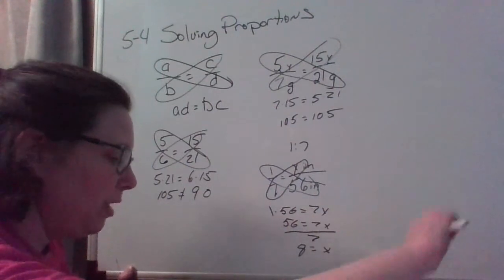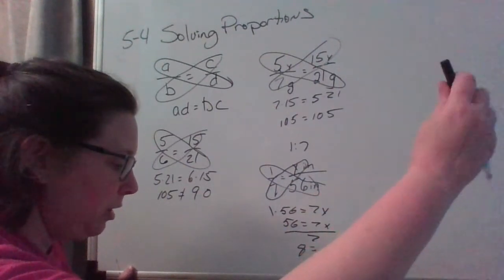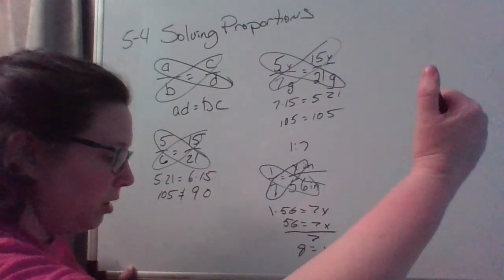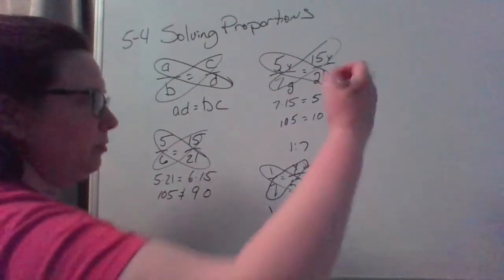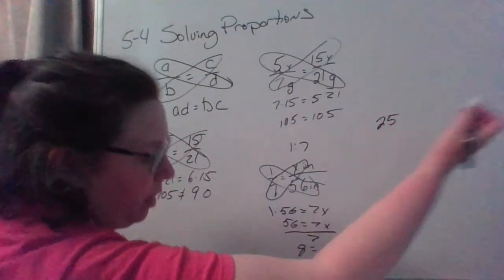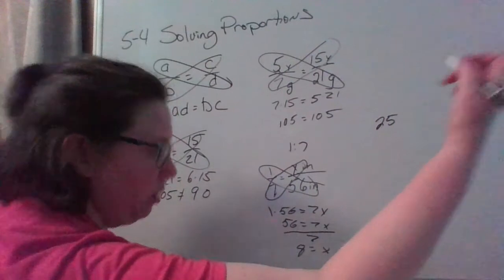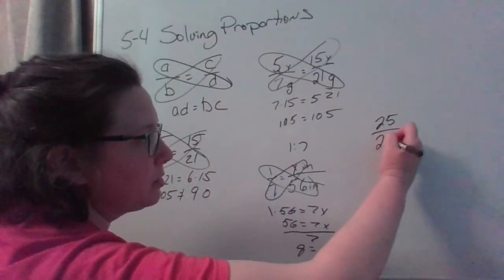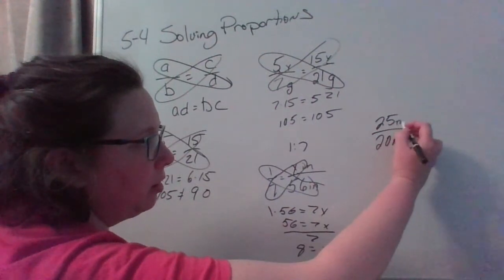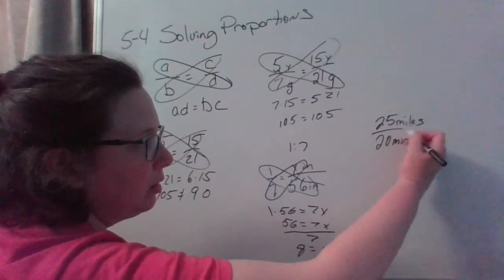The next example here, we have that a helicopter used for firefighting travels 25 miles in 20 minutes. So again, I love to label these.